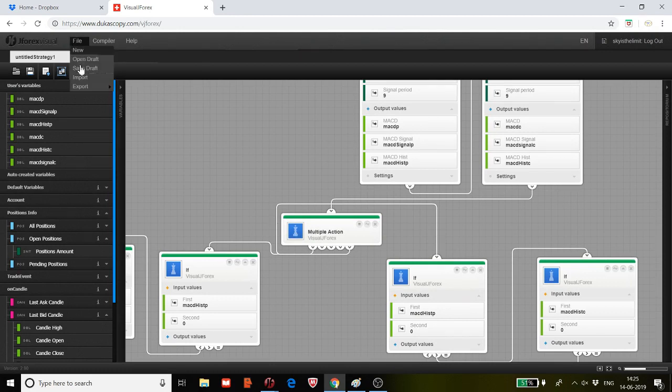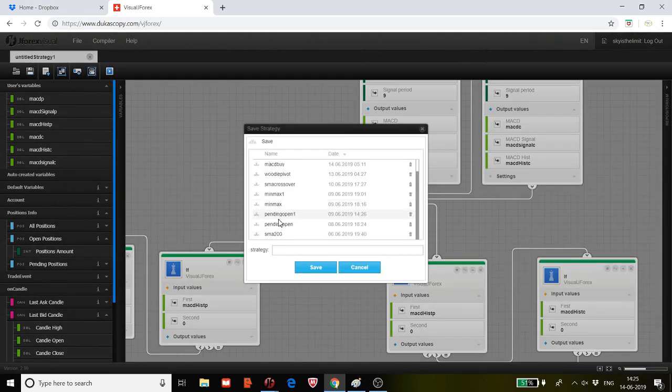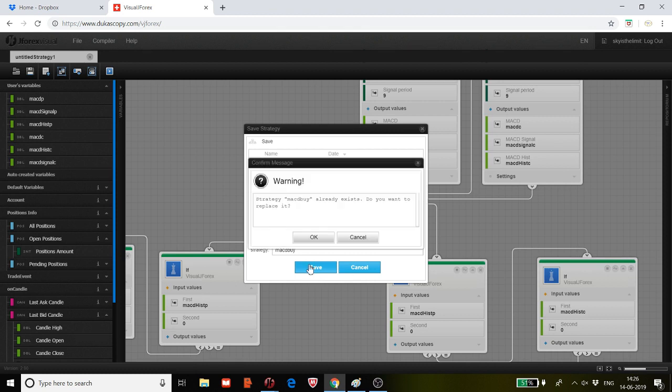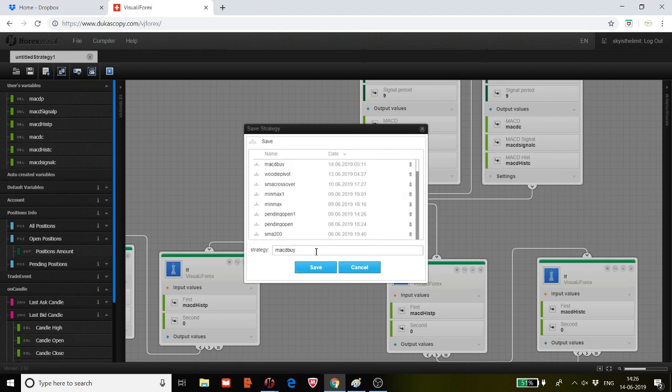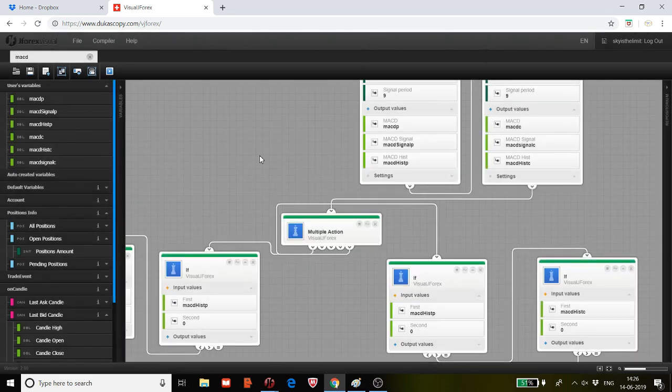I will save it now. MACD. Save. Okay, now I will export the file for the test run in Java format.